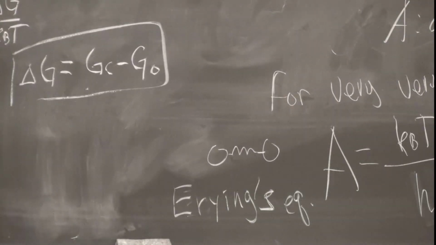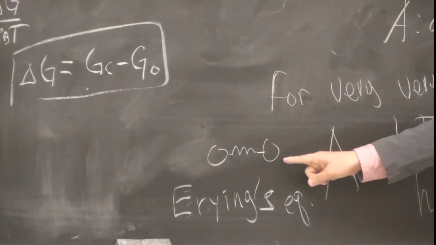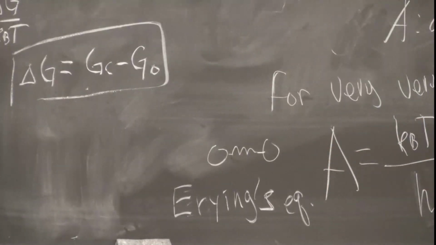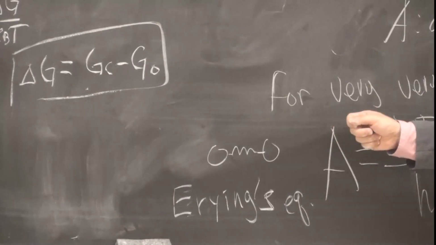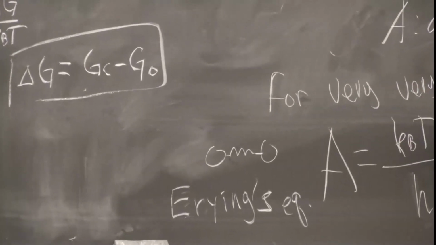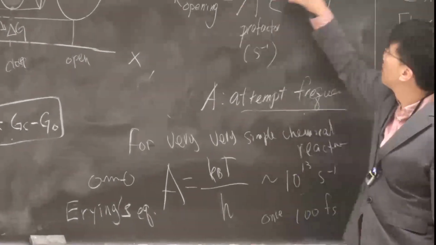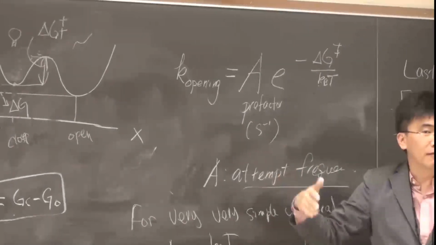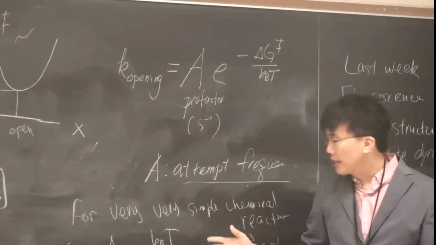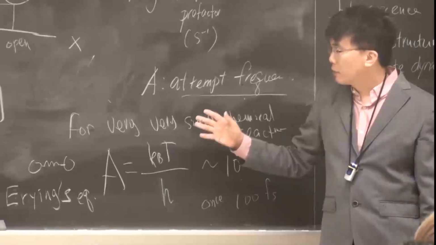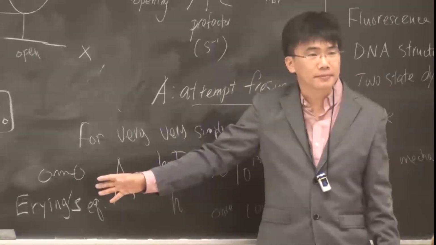So what it means is that you look at this diatomic molecule, and every 100 femtoseconds you examine how much energy it has obtained from the thermal fluctuations. If the energy is larger than the barrier, then you move over. If not, you stay. Okay. So that is the formula that you can use, and it works well for very simple molecules.